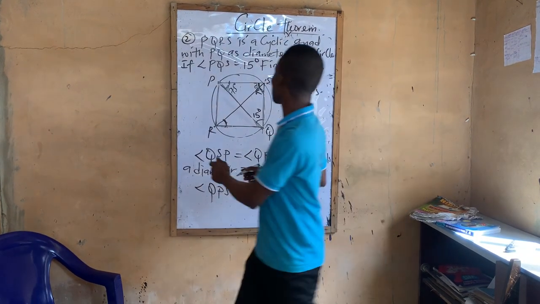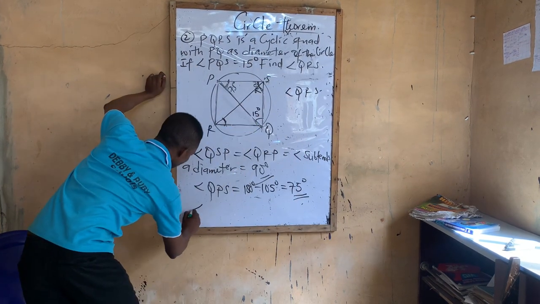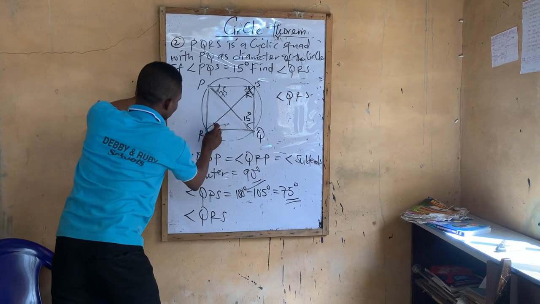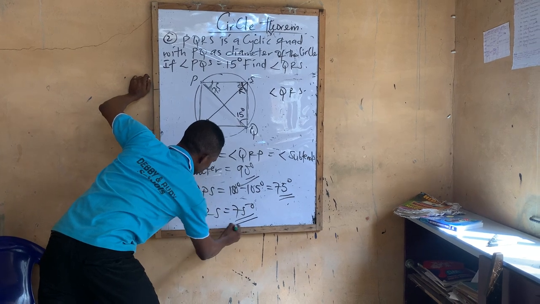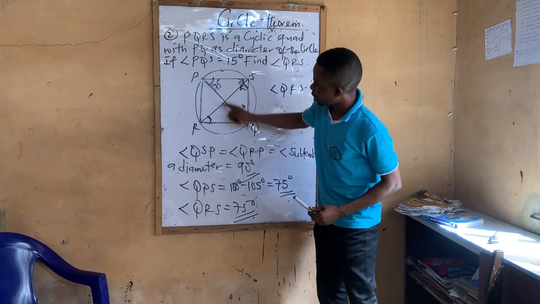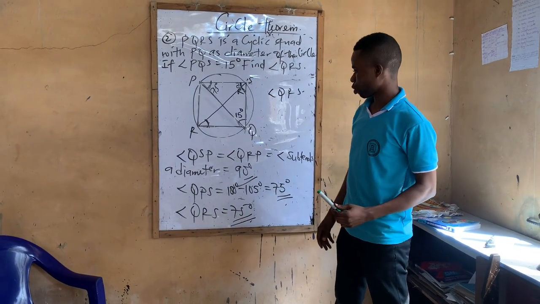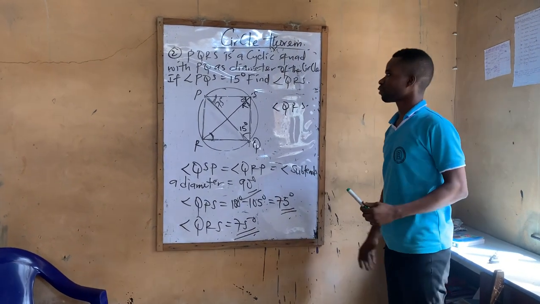That means angle QRS, which is here, is also 75 degrees, because it subtends the same chord and they are equal. So that is what they asked us to find. Angle QRS is 75 degrees.